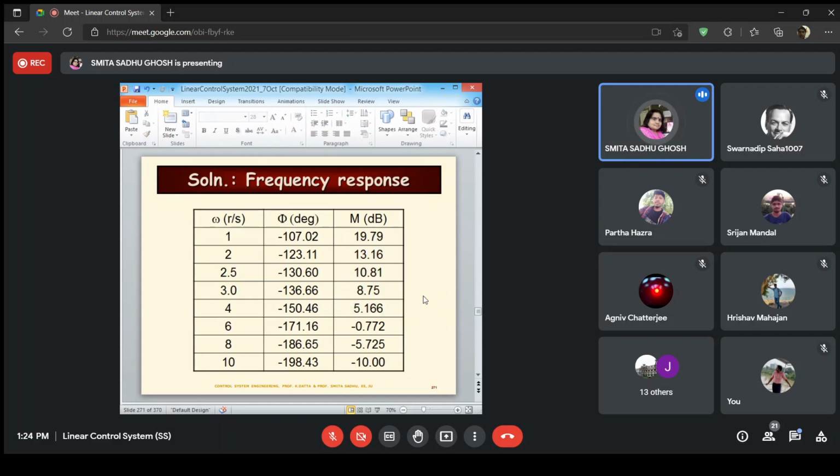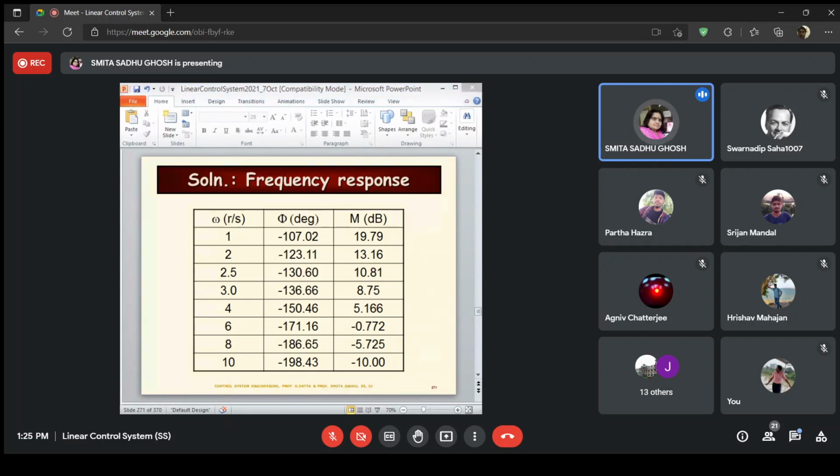Now, of course, the phase consideration has not been done so far at all. So from the lag compensator, we are going to ask for a phase lag, that is minus phi 2 is what we would be asking, right? The specification remains the same, meaning we still want 45 degrees of phase margin, right?